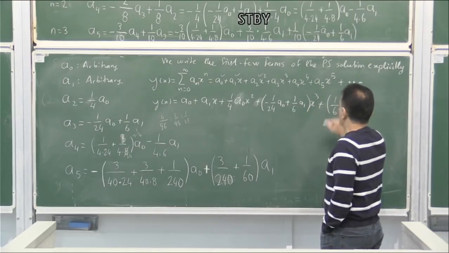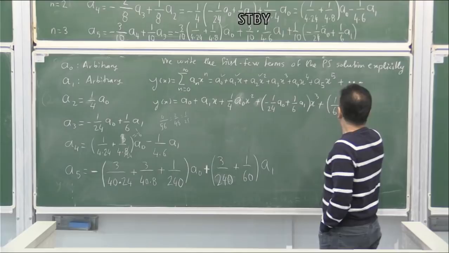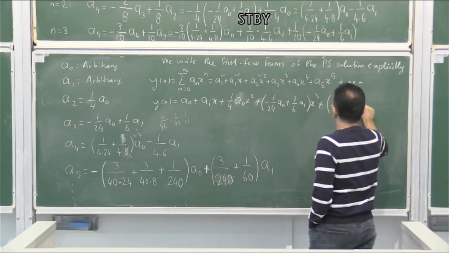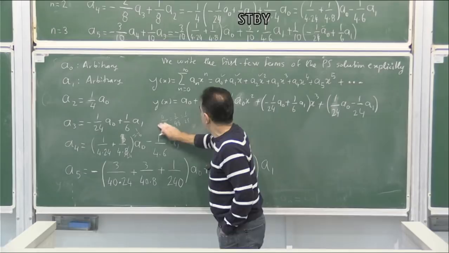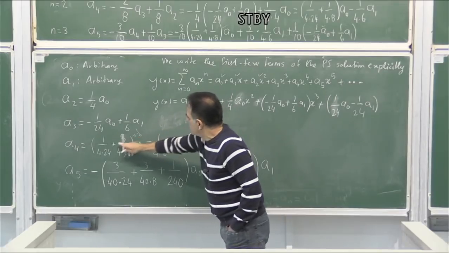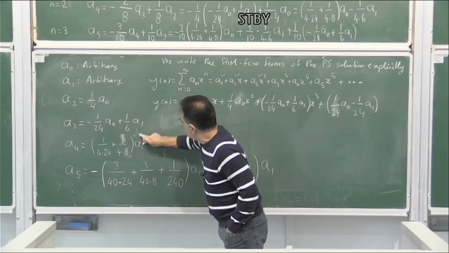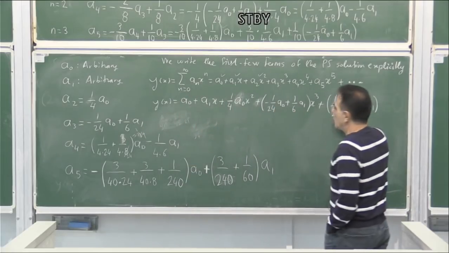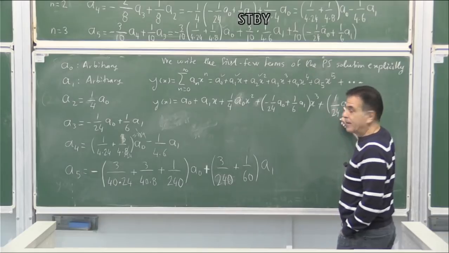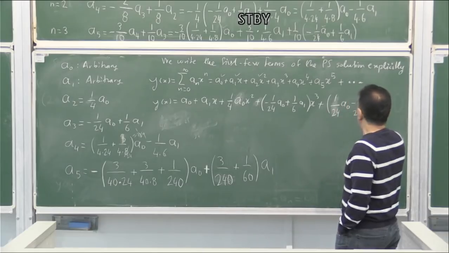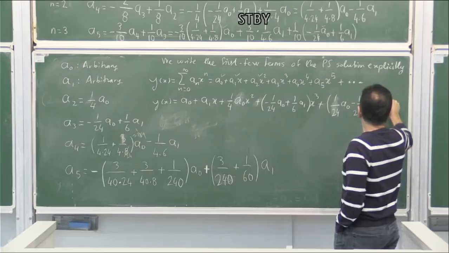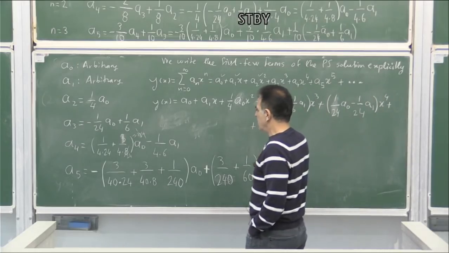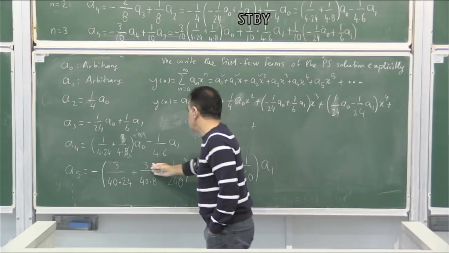Maybe 1/6 A0 minus 1/24 A. Okay, so this coefficient here seems to be 1/24. Okay, so 1/24 A0 minus 1/24 A1 x4, and finally let's write this coefficient.